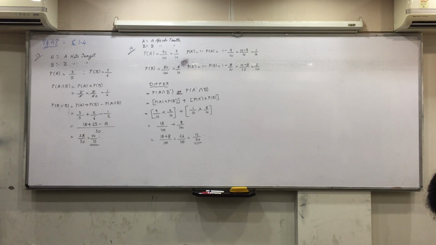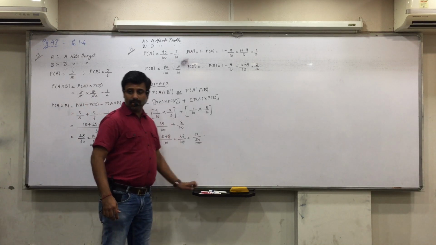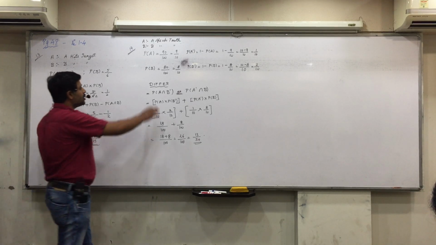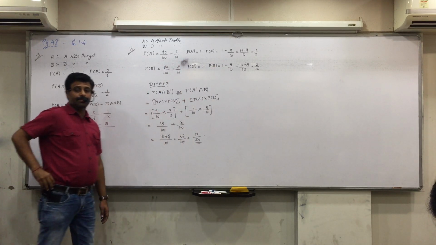Let event B be the event that B speaks truth. Now show this P(A), P(A not), P(B), P(B not). Okay, show this P(A) and P(A not)'s calculation, P(B) and then P(B not)'s calculation.